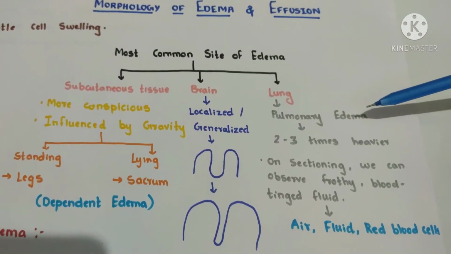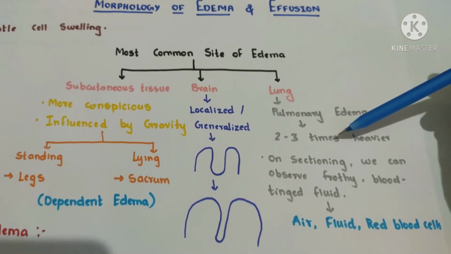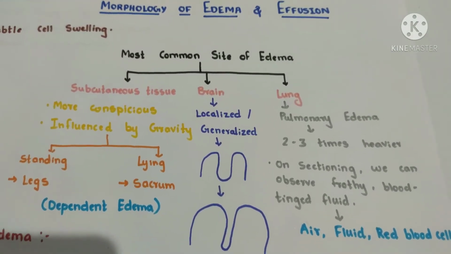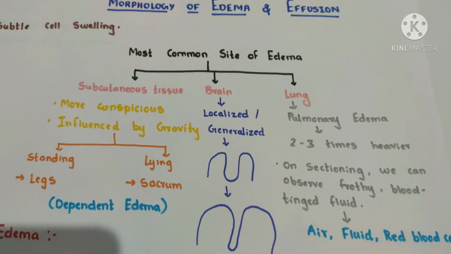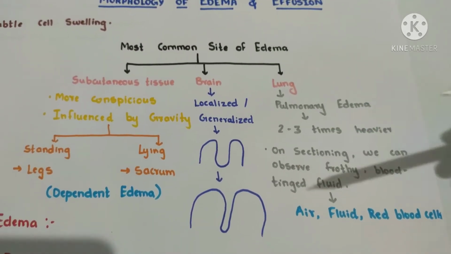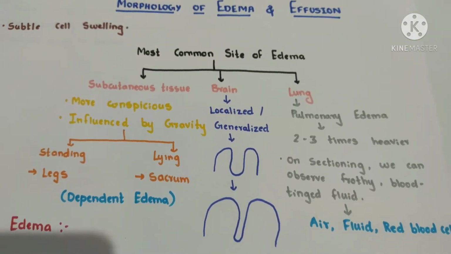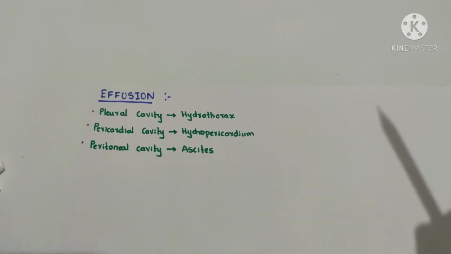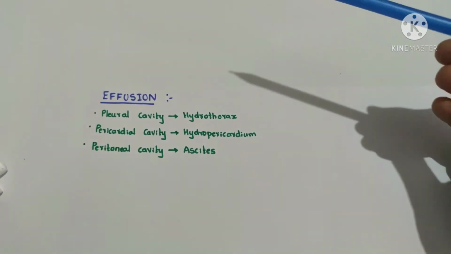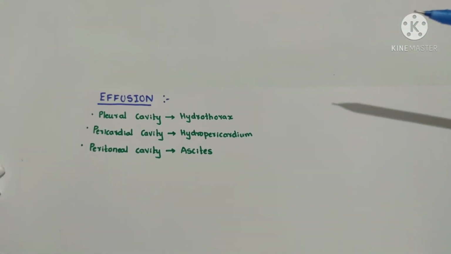Now, looking at pulmonary edema. During pulmonary edema, the lung becomes 2 to 3 times heavier. On sectioning, we can observe frothy and blood-tinged fluid, which contains edema fluid, air and extravasated red blood cells. Now as we know, effusion is nothing but the edema of body cavities.